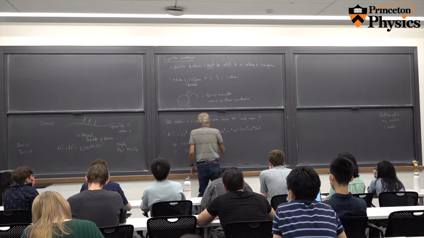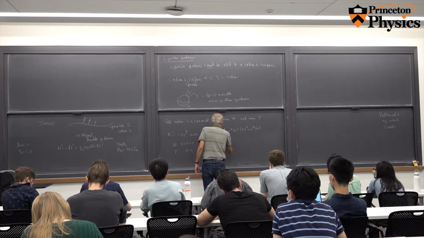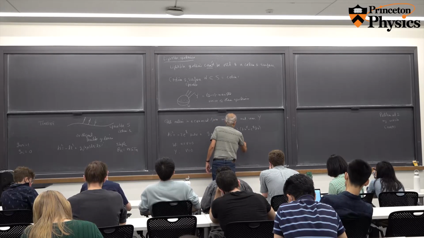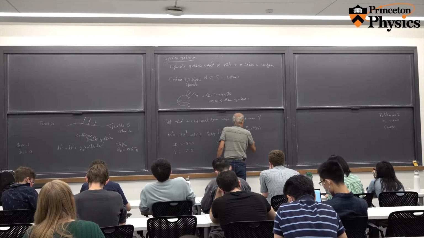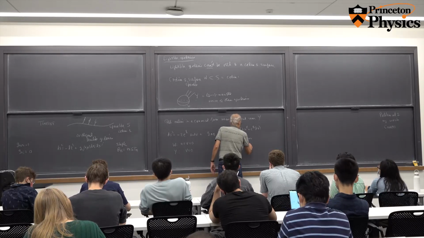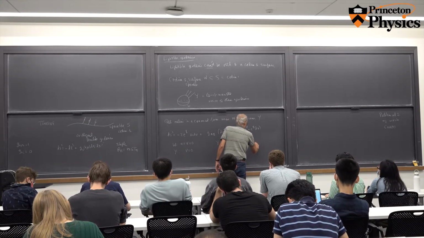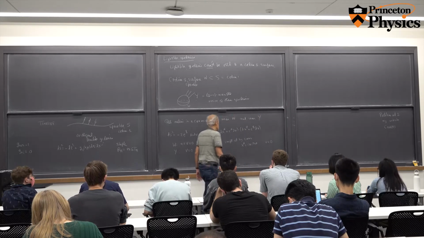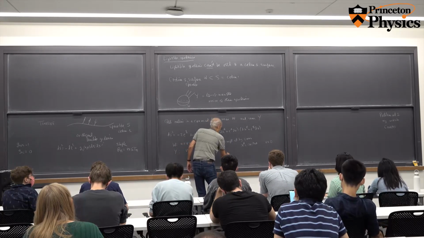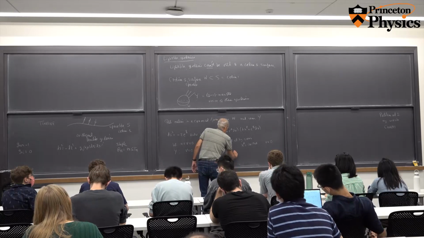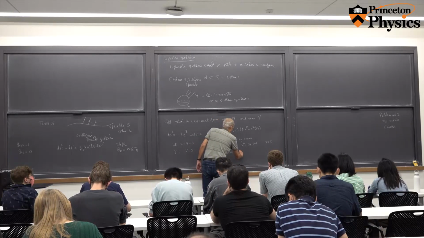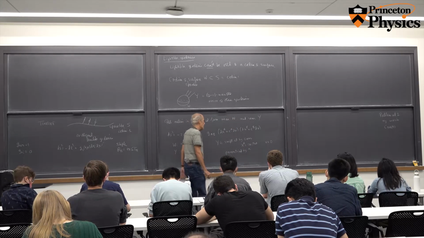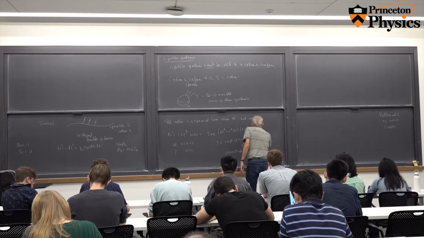And Y is swept out by the curves x^a equals constant, and of course V equals 0, since that is the condition to be in Y. So these curves are parameterized by U. And in fact, U is an affine parameter for these geodesics.